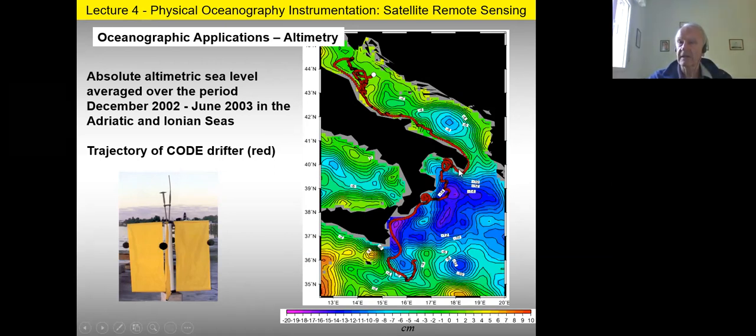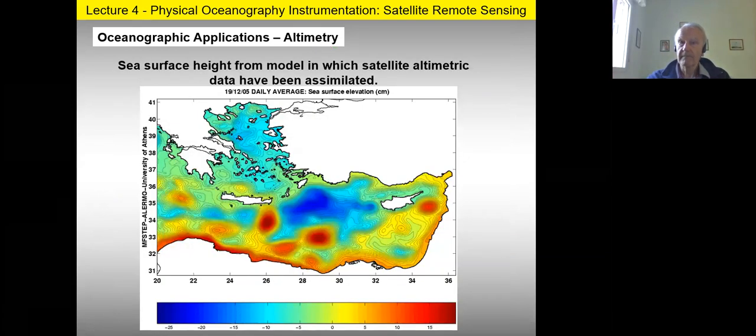So you can see how Lagrangian current measurements obtained from the trajectories of drifters fit very well with the altimetric data from satellites. Take into consideration that the altimetric data has been averaged over 6 months, long enough to reflect the geostrophic balance, the geostrophic currents. Okay, so this is the sea surface height again.